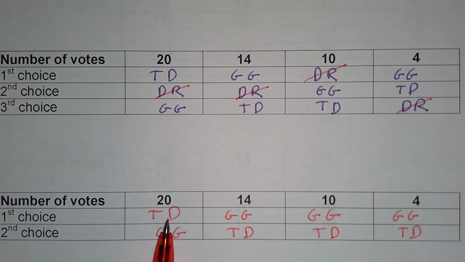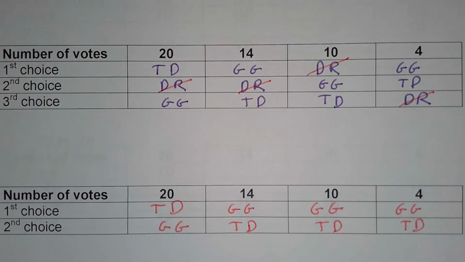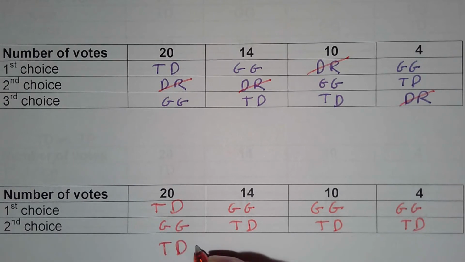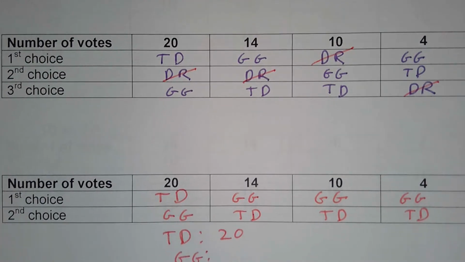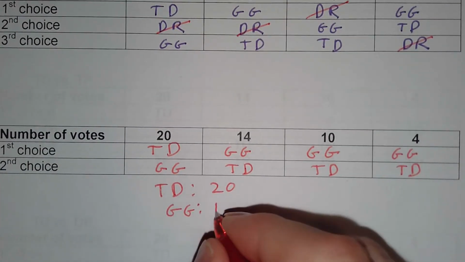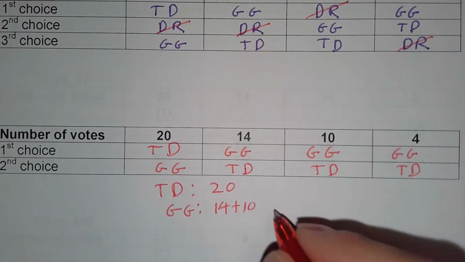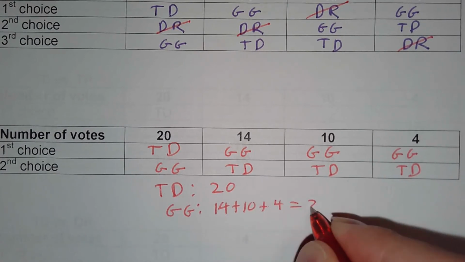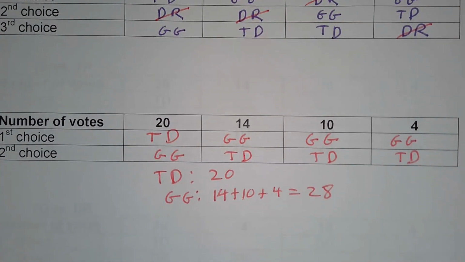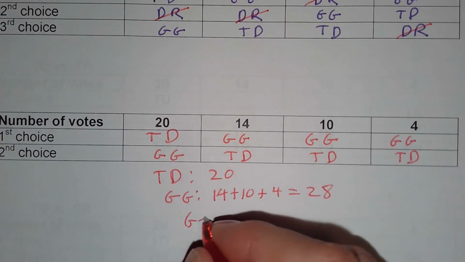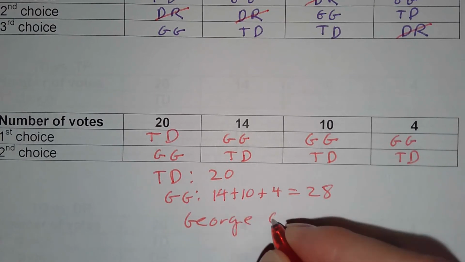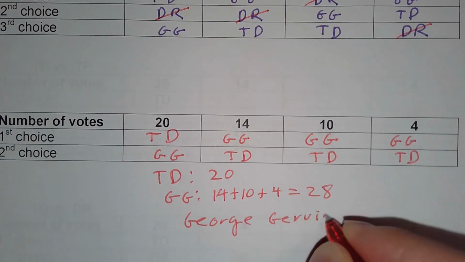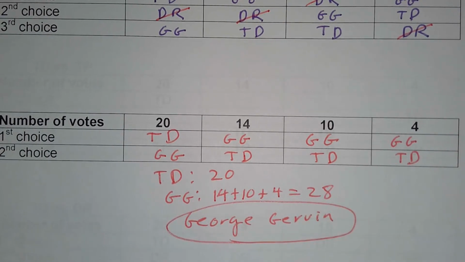And now Tim Duncan has 20, but George Gervin has 28. So by the plurality with elimination method, that would say George Gervin is the winner.